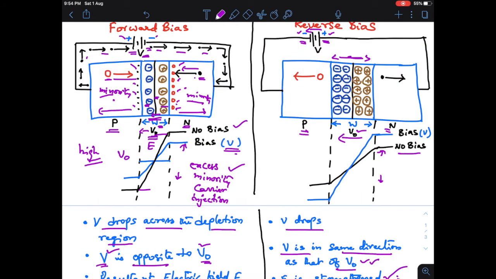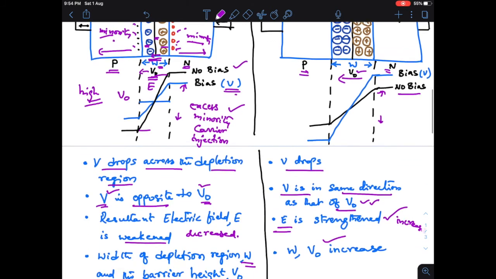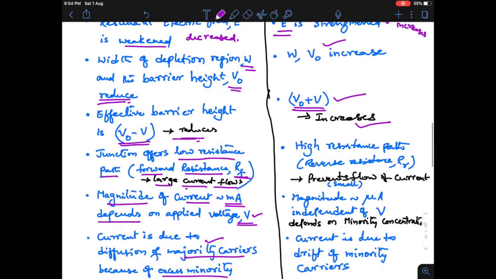So as the width increases, it prevents the flow of current. That means ideally zero current, but probably a very small current of the order of microamperes will flow across, and it is a high resistance path. Because of that there is high resistance, and I will call it reverse resistance RR. It prevents the flow of current.